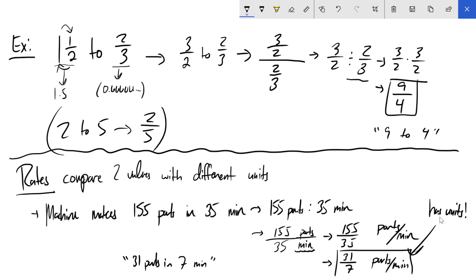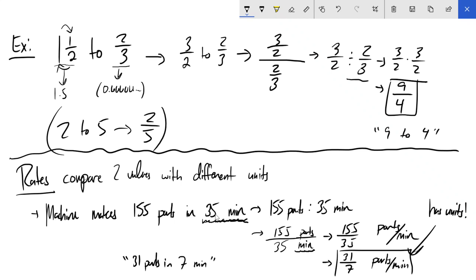Now, this right here, like 31 over 7 parts per minute or 155 parts in 35 minutes, you could write it that way. But normally, when we deal with rates, we think about how many parts it can produce in 1 minute.